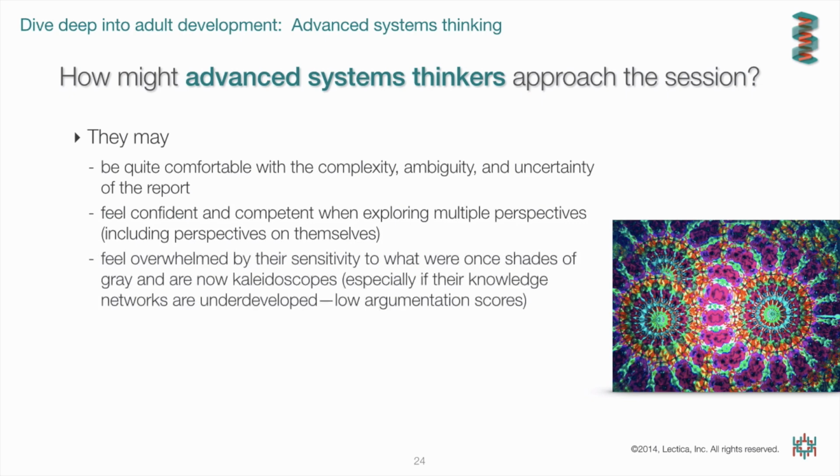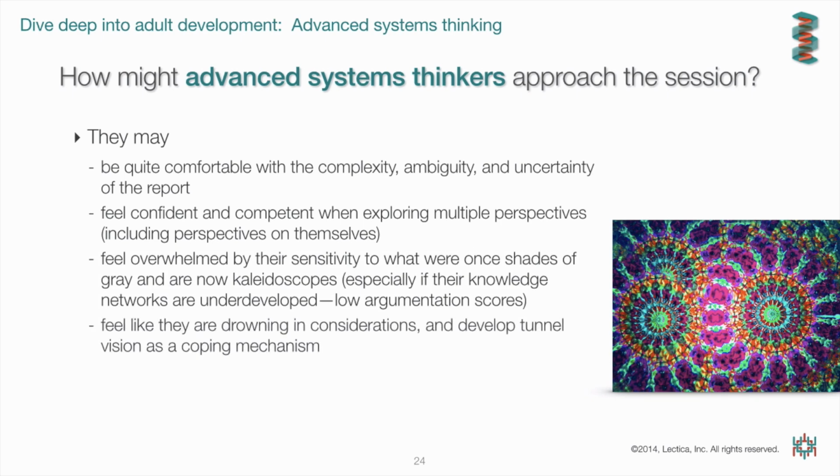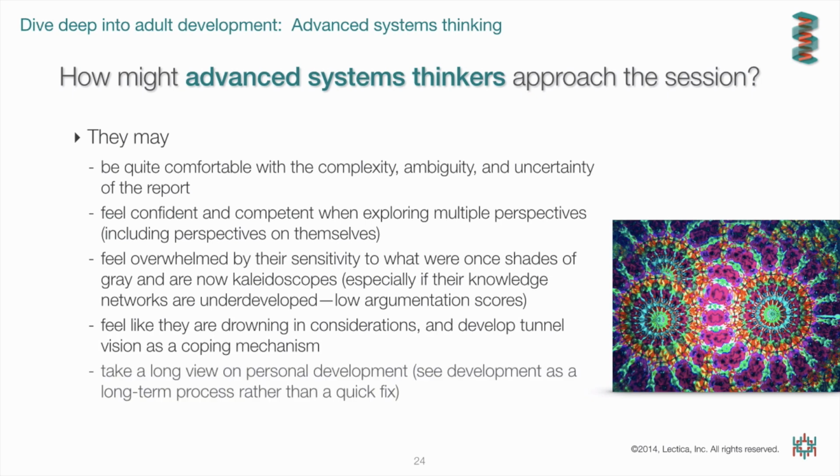Feel overwhelmed by their sensitivity to what once were shades of grey, but are now feeling more like kaleidoscopes, especially if their knowledge networks are underdeveloped, as evidenced in low argumentation scores. Feel like they're drowning in considerations, and for this reason, develop tunnel vision as a coping mechanism. Take a long view on personal development. In other words, seeing development as a long-term process rather than a quick fix.